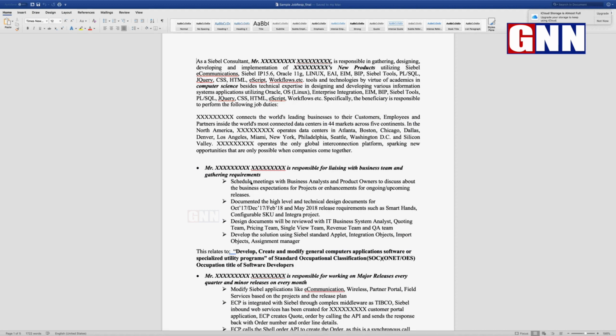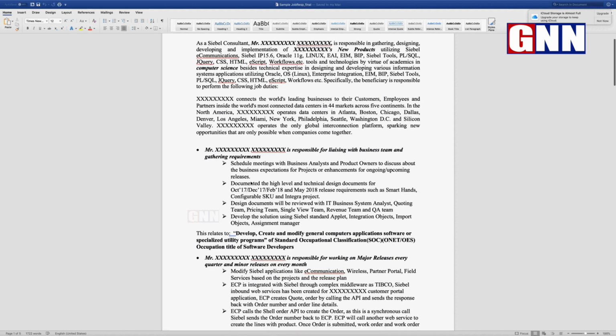If you just provide that, it will be very tough for the officer to decide what the person would exactly do. So what we do is jot down detailed job duties and also mention how these job duties relate to a particular task of an SOC code.